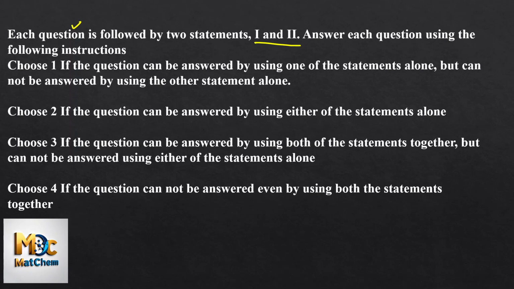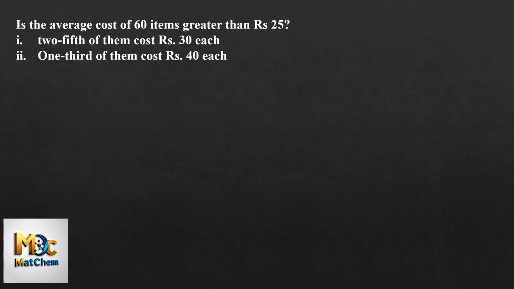So the basic understanding you need to have is that you should not make any hypothesis. You should answer the question only by looking into the statements or the question given. You should not assume anything. You should not have any pre-decided ideas. So here the question is: is the average cost of 60 items greater than 25?